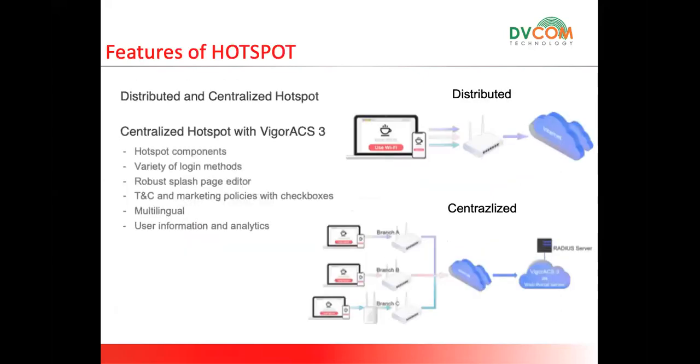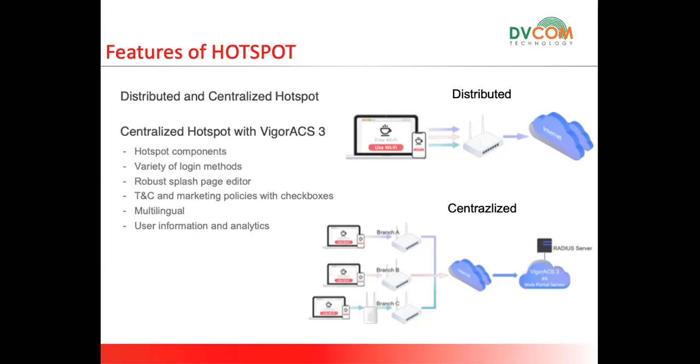The next feature is the hotspot feature. Basically, distributed and centralized hotspot is available in DrayTek. Centralized hotspot with VigorACS 3: by using ACS 3, you can do the centralized hotspot.